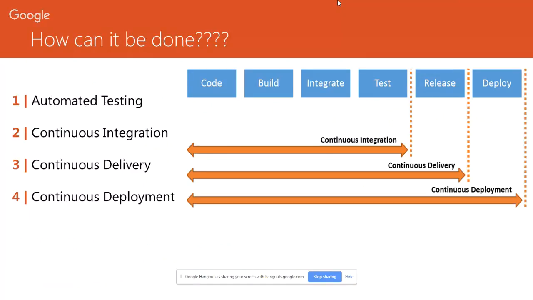So when I say continuous integration, what it means is the code, build, integration, and the test is automated. There is no manual intervention. The build is generated automatically. The new features or the branches get integrated and merged automatically, and tests trigger automatically, and the reports are published automatically.